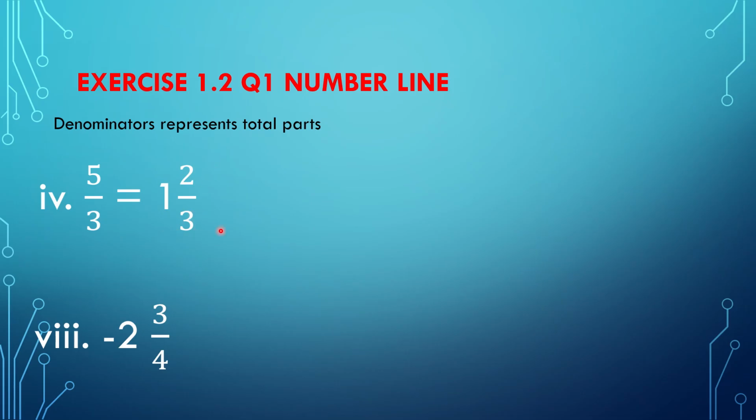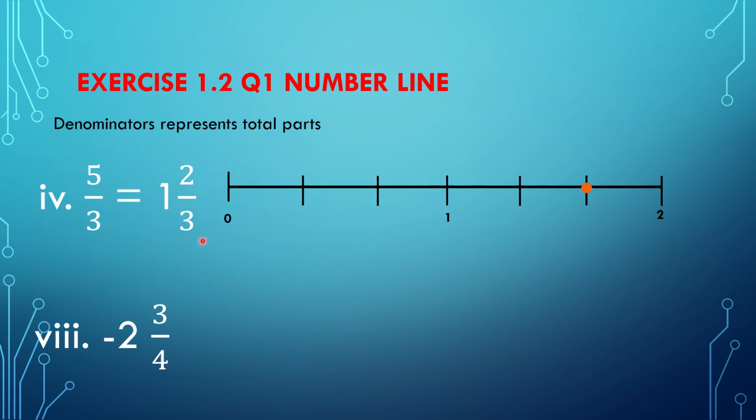Now let's draw a number line. As you all know, the numerator shows the point we have to mention, and the denominator represents the total parts. Here the total parts are 3. It means each portion must have 3 equal parts to represent one whole. Here from 0 to 1 we have 3 equal parts and it becomes one whole, and again with 3 portions of equal size we get 2 wholes.